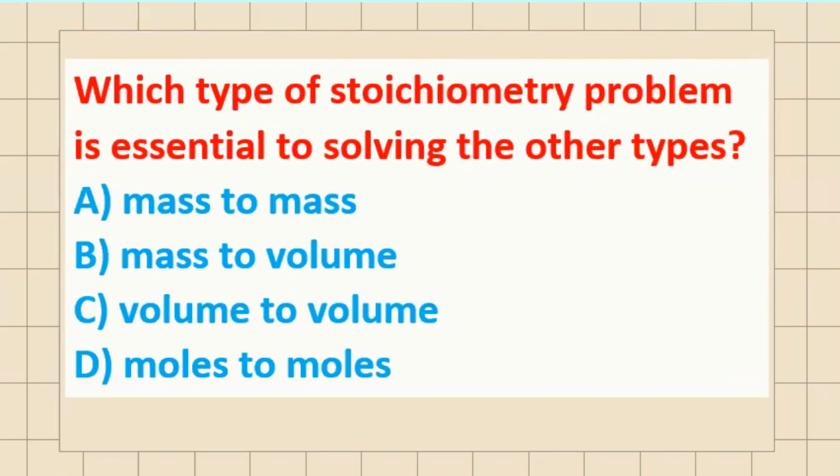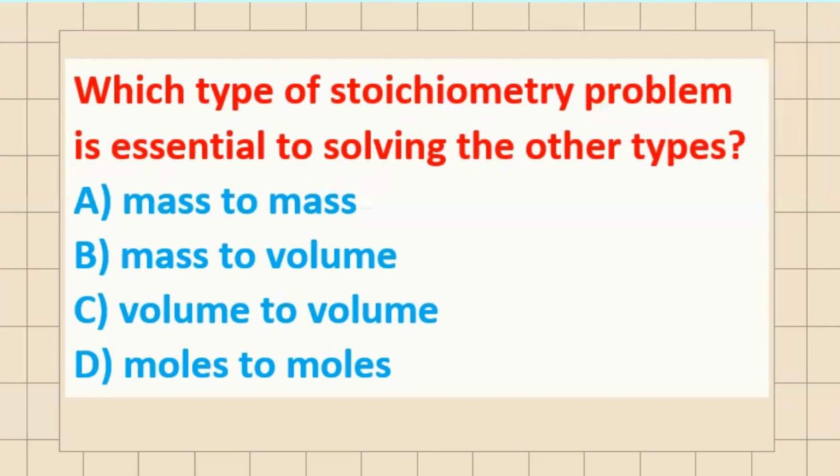We can solve mass to mass problems first by converting the mass into moles, then the moles into mass. And again, we can solve mass to volume problems first by converting the given mass into moles and then volume.